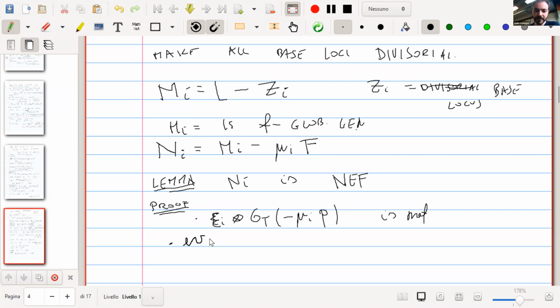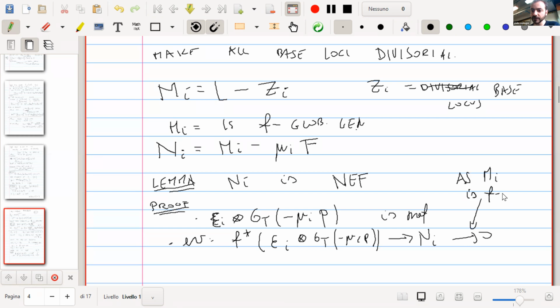And then you have an evaluation map from F upper star of this guy, tensor O_T of minus mu_i P, to N_i, which is surjective here as M_i is F globally generated.